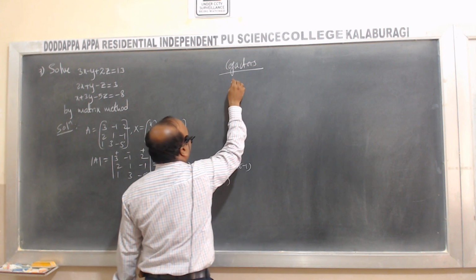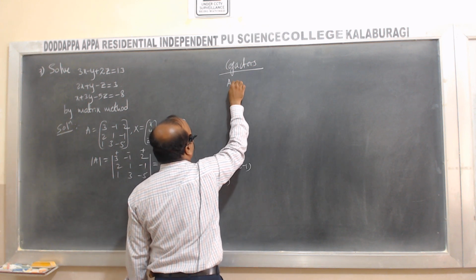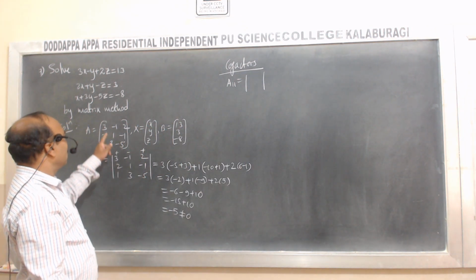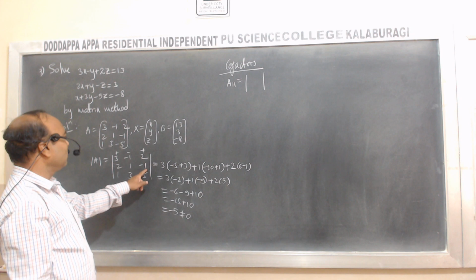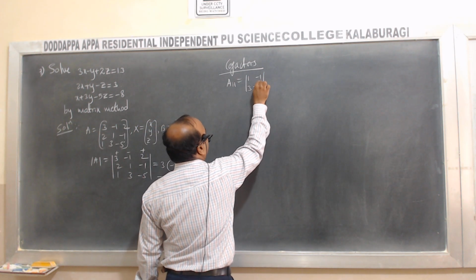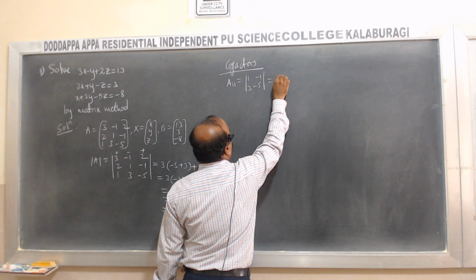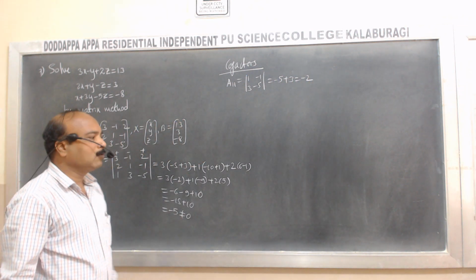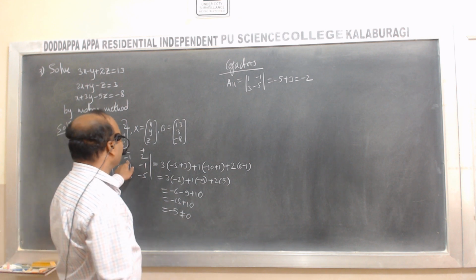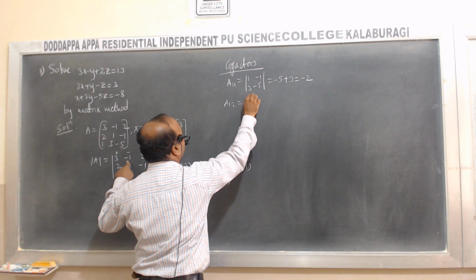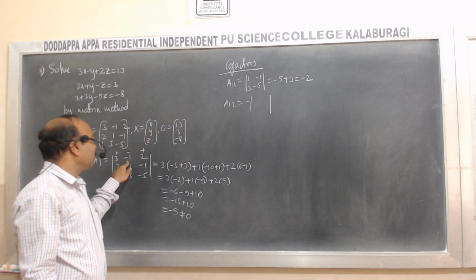Now we go for cofactors of this matrix. We calculate all the cofactors. First A11: deleting this column and row we get the determinant 1 minus 1, 3 minus 5. So it is minus 5 plus 3, it is minus 2. Next we go for the cofactor of minus 1, that is A12, it is minus of the determinant.